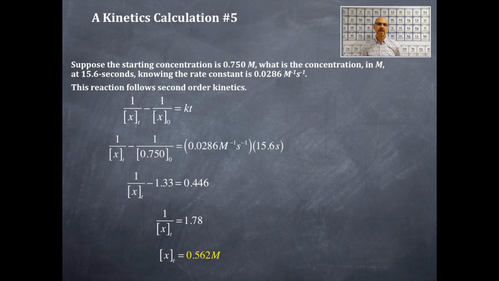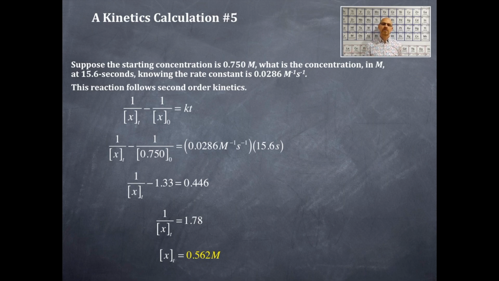Now I want you to think about this problem and look at the initial concentration. The initial concentration is 0.750 molar. So at a certain amount of time, no matter what that time is, you should have less concentration at that time than you had initially. So the initial concentration at 0.750 is like having 100%.